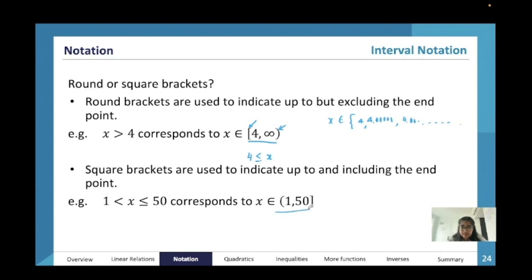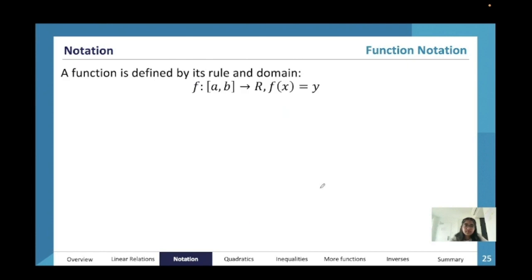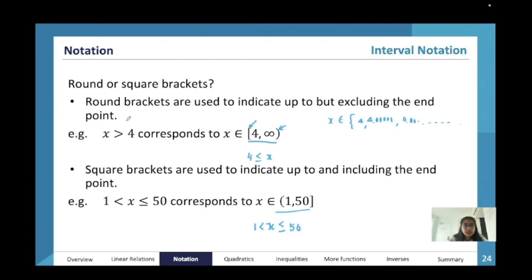What this here means is x is greater than 1 because it's a round bracket, so it's not included, but less than or equal to 50 because it's a square bracket, that 50 is included. So that's basically how we're converting to interval notation. So this is greater than or equal to here.